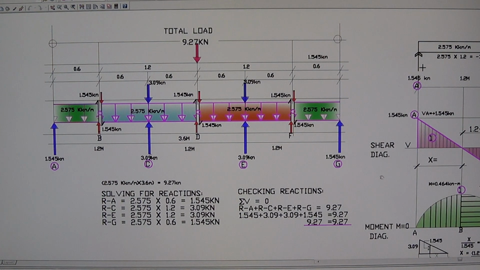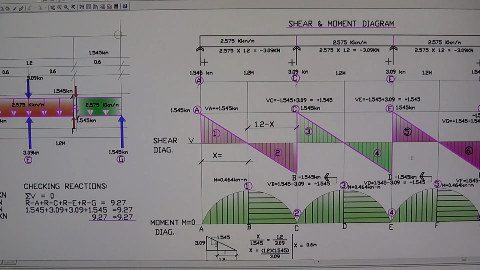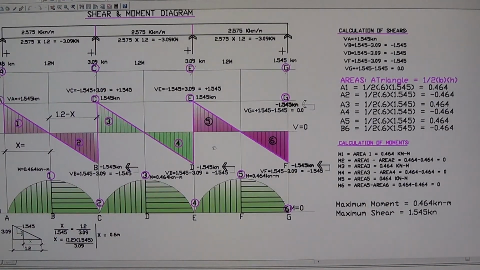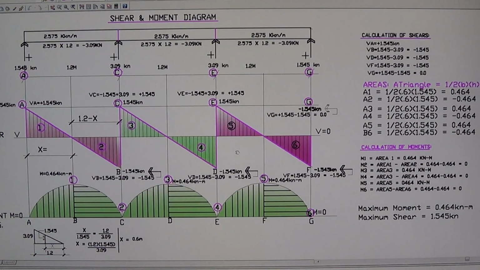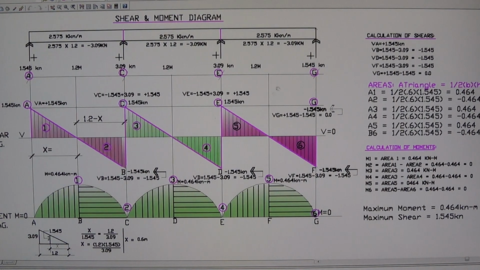Now since we have all the reactions, let's go to the shear and moment diagram. Solve for shear and moment. So here are all the reactions, and they're going upward. Now let's start solving for the shear at A. The shear at A is the reaction at A, which is 1.545.